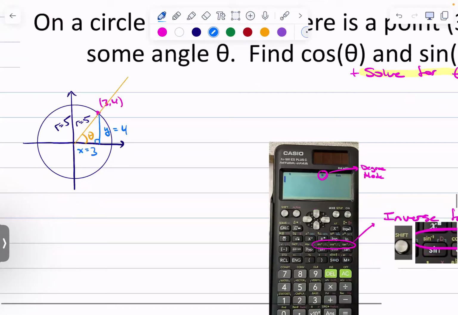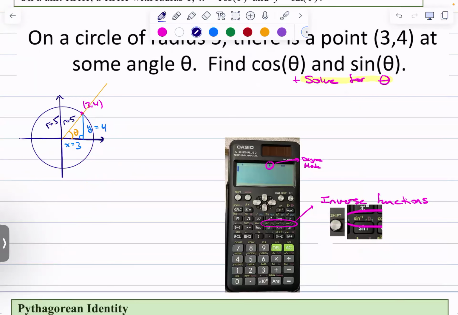So using our SOHCAHTOA first, but really just the SO and the CA, the cosine of theta is the adjacent over the hypotenuse, which is 3/5.